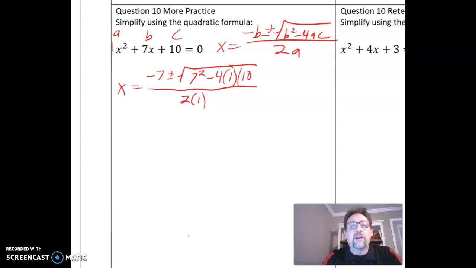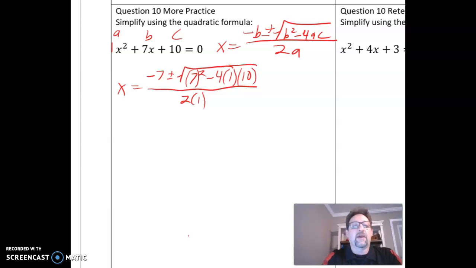Just be careful here, especially if B is negative, to put it in parentheses, because if you don't, you're going to end up with a wrong answer, okay? So it's not so important when B is positive, but when it's negative, it'll be very important.